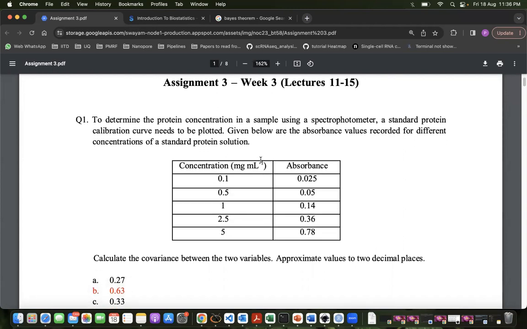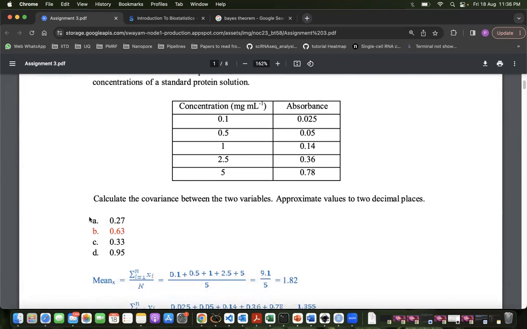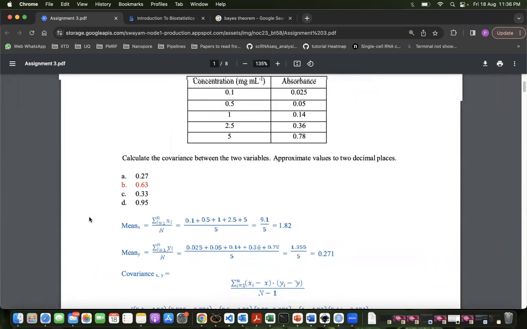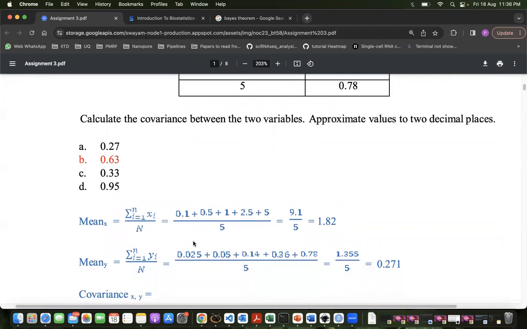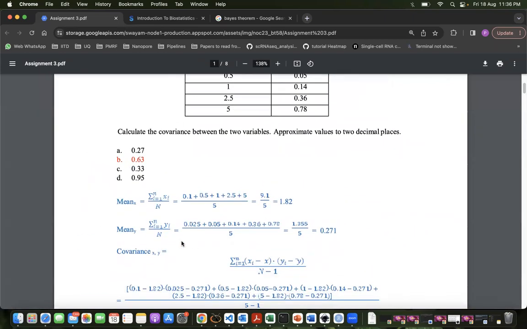Basically, you have X and Y. You want to find the covariance between the two variables, approximating the value to 2 decimal places. So don't get confused by that. It's the formula used: mean of X, mean of Y, and covariance.